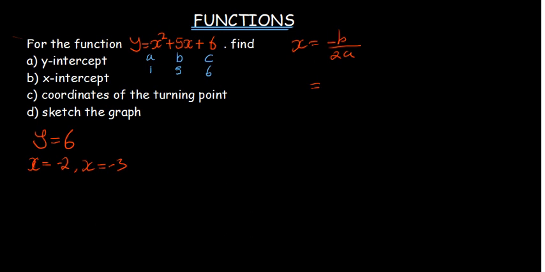So we can say minus, open bracket, our value of b is 5, divided by 2 multiplied by our a, which is 1. What you're going to get is minus 5 over 2.